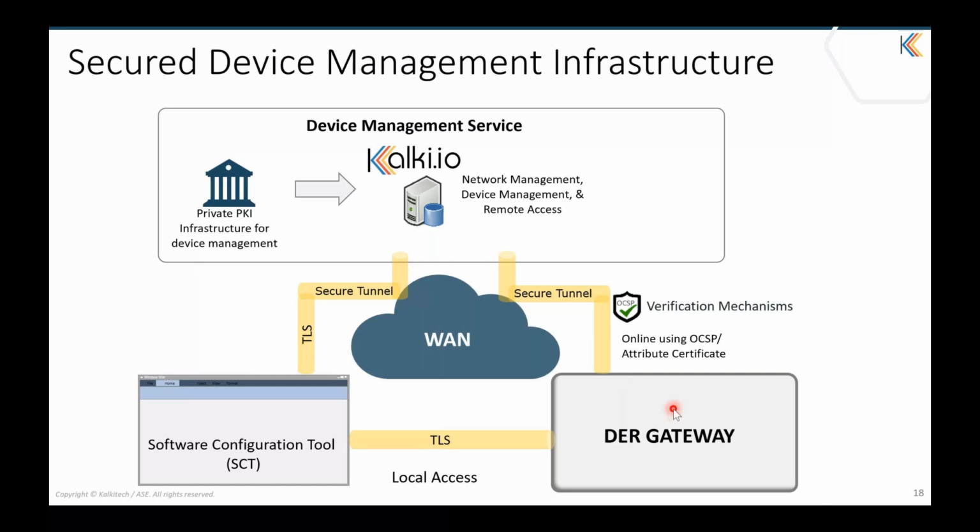Then as per the OCSP response, the gateway can decide whether that user should be allowed to perform specific operations or not. So those kinds of security layers are already built in as part of the entire ecosystem.